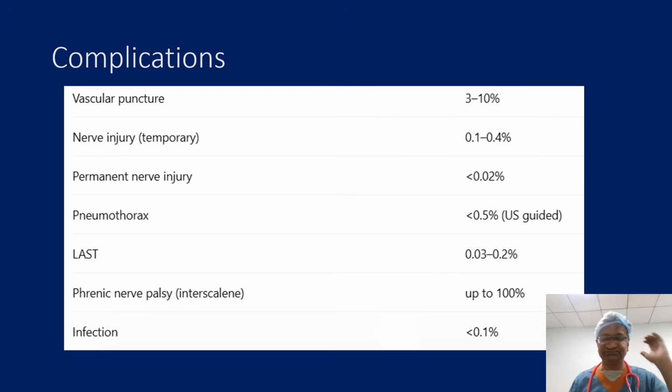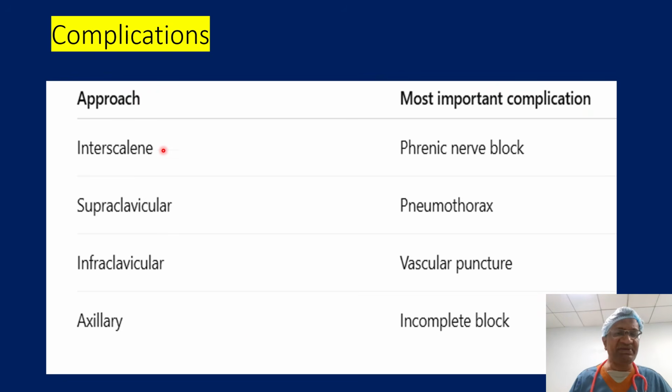Infection is very rare. So by approach: if you think of interscalene, you think of phrenic nerve. If you think of supraclavicular, think of pneumothorax. Infraclavicular, you need a peripheral nerve stimulator, and vascular puncture may be there. Axillary, incomplete block, because the musculocutaneous nerve will have escaped, and the medial cutaneous nerve of arm and forearm, which are branches of the brachial plexus. We are targeting all 4 nerves only.